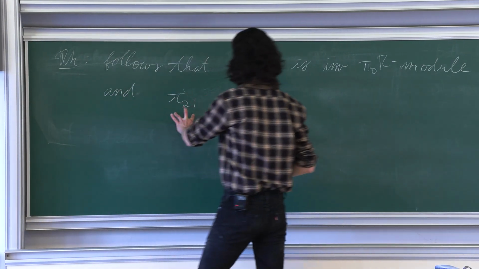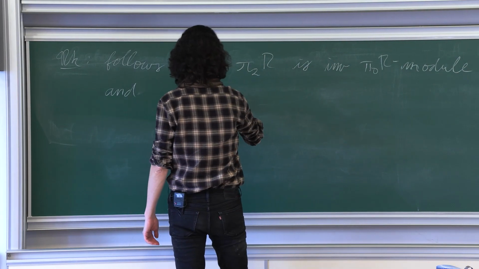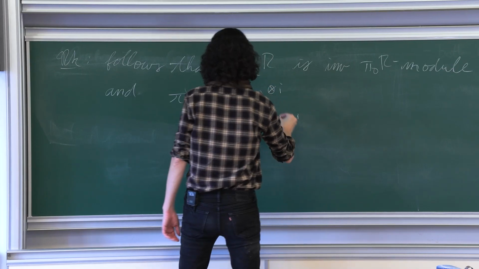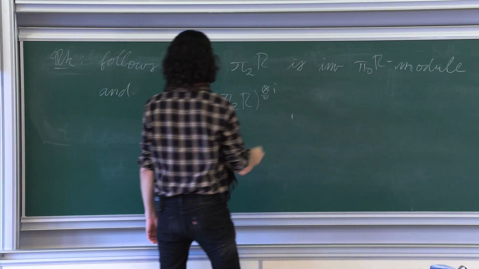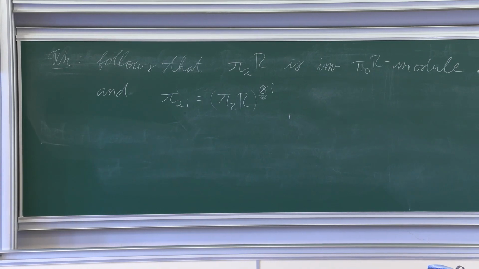So we have that the odd homotopy groups are 0, but the even homotopy groups are all just tensor powers of this pi 2 R, and the tensor is over pi 0 R, of course. So this is the periodicity.